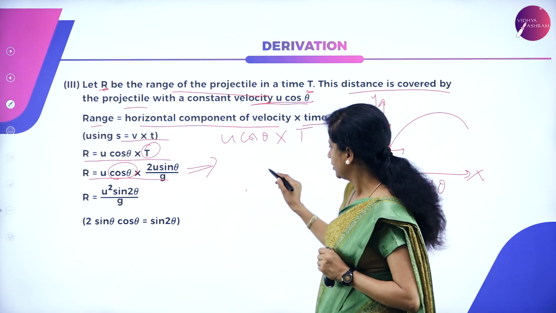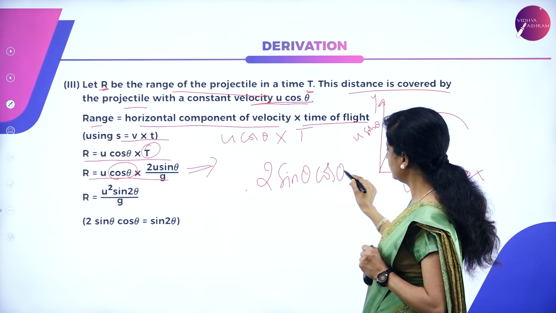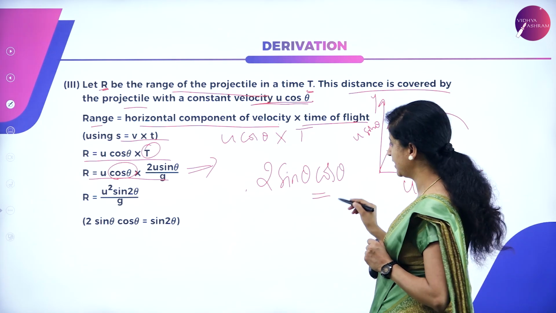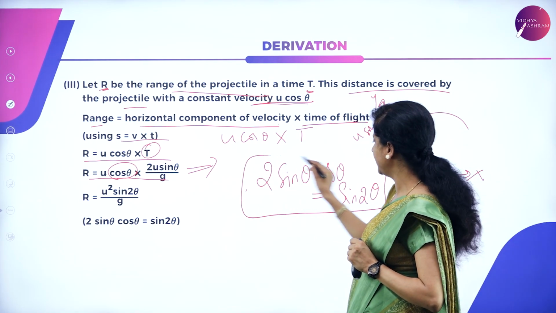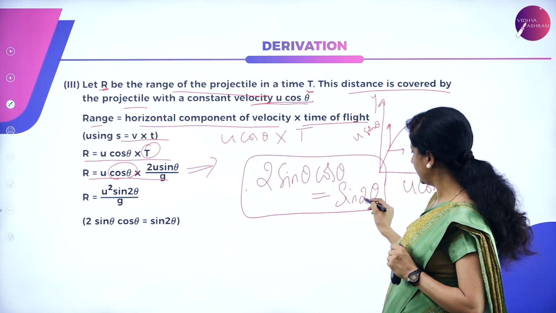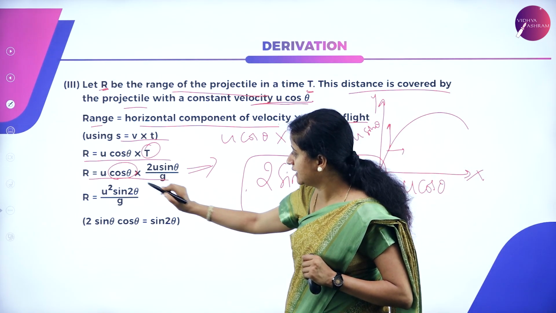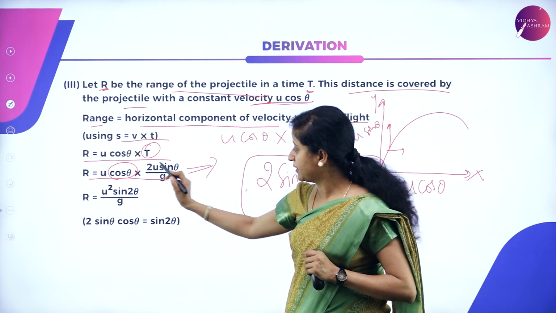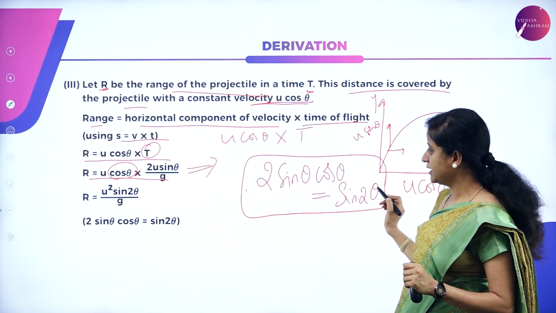So what is 2 sin theta cos theta? 2 sin theta cos theta is nothing but sin 2 theta. It's a standard trigonometric relation: sin 2 theta is given by 2 sin theta cos theta. We have 2 sin theta here, cos theta here. Multiplying these two, we get 2 sin theta cos theta, which is nothing but sin 2 theta.